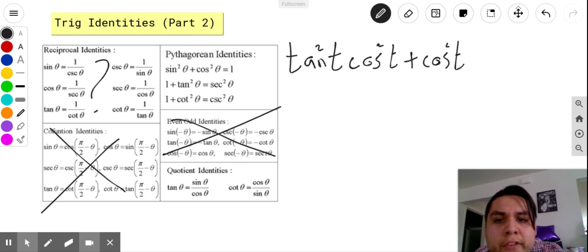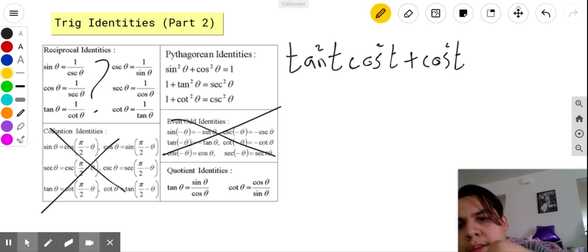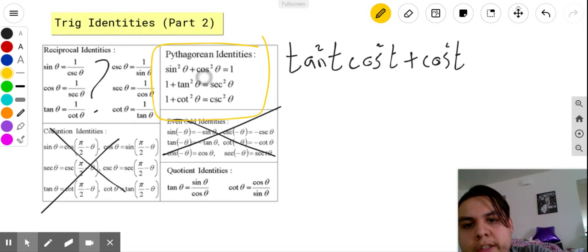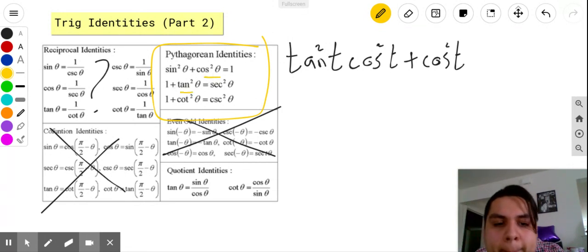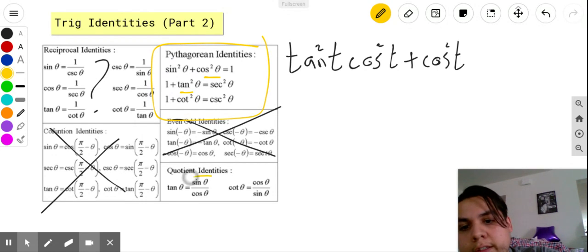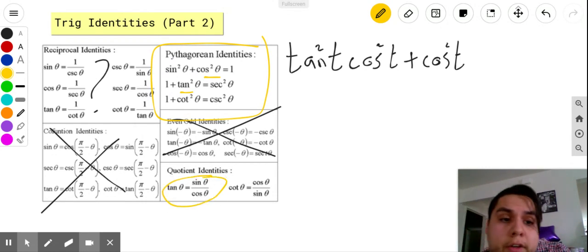So I would say definitely we want to start with these Pythagorean identities because of these squares that I see, right? The issue is that the tangent and cosine aren't in the same identity. So we could do this a couple ways. We could rewrite tangent in terms of a sine and a cosine and then try to simplify that.